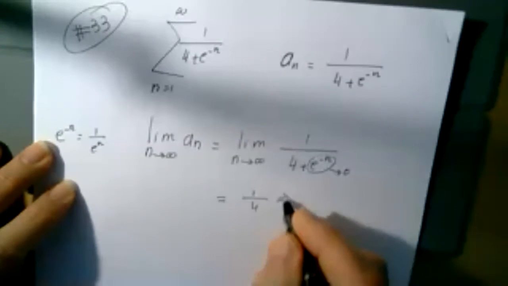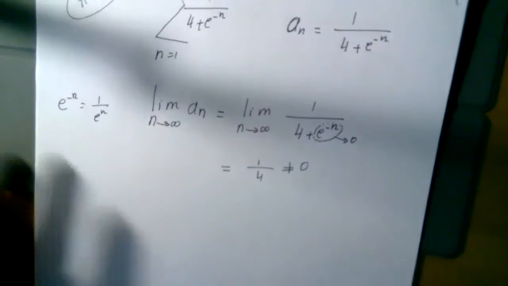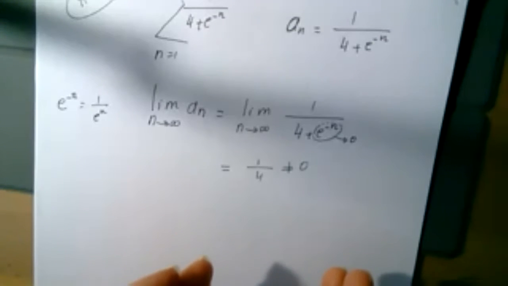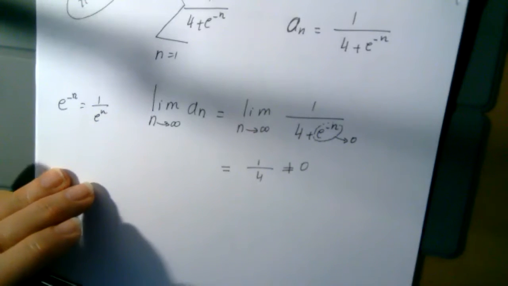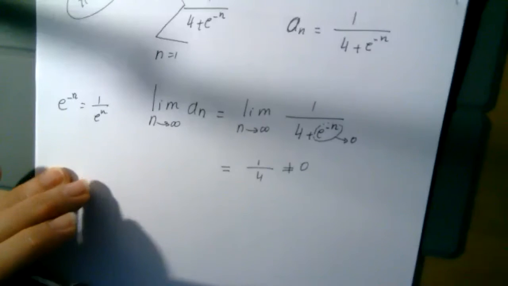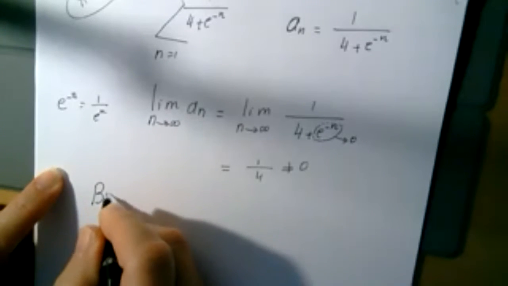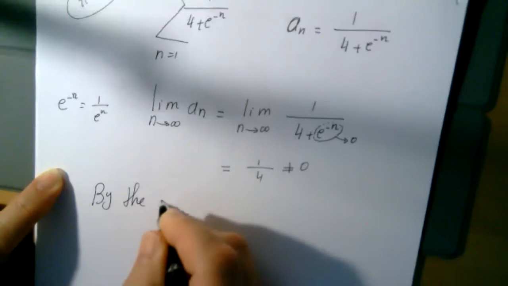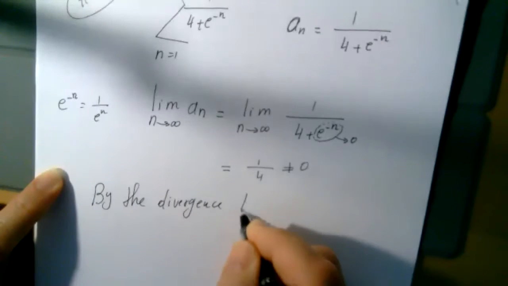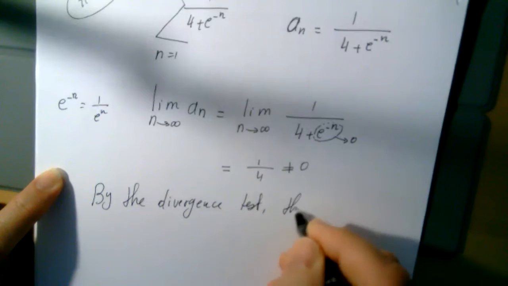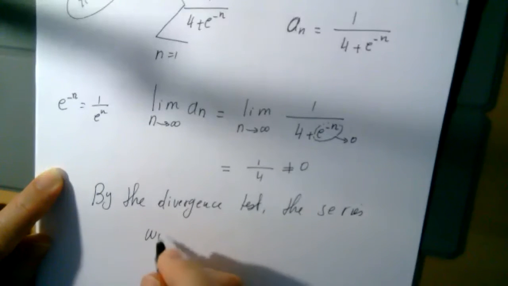1 over 4 is absolutely different from 0. So the general term is getting close to 1 over 4. It means intuitively you're adding 1 over 4 plus 1 over 4 plus 1 over 4, so the series diverges. Or we can state that by the divergence test, the series will diverge.